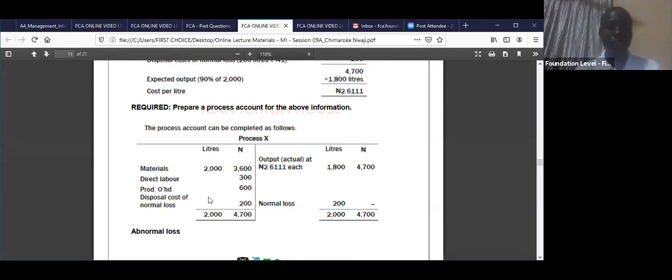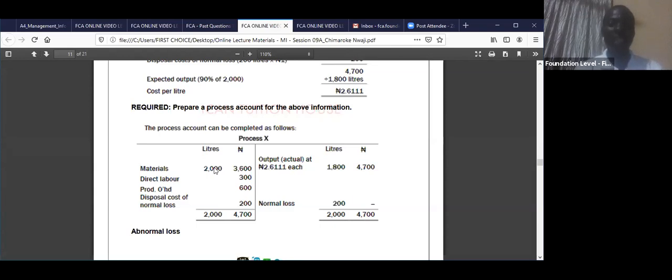Now, you're not going to put how many normal loss units you dispose, just the value. So everything you put in here was 2,000. Mind you, it is only the material cost. So the only thing you see here that has value in liters or units is material cost.